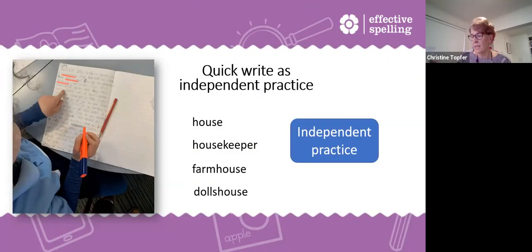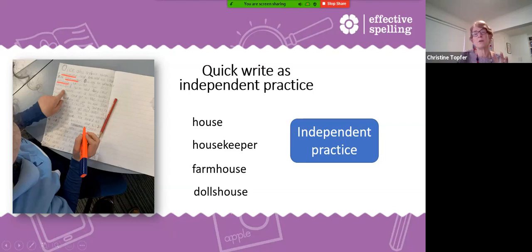They went on and did some quick writes, so for independent practice, Emma challenged them to choose some words from the house family and see if they could use those in a meaningful piece of writing. And this particular child, after they'd finished their writing, was going back to identify those words. So they're now using the words in the morphological family in a meaningful context.